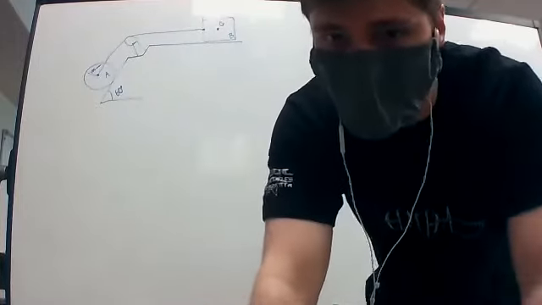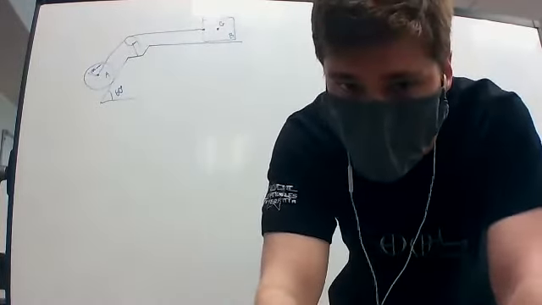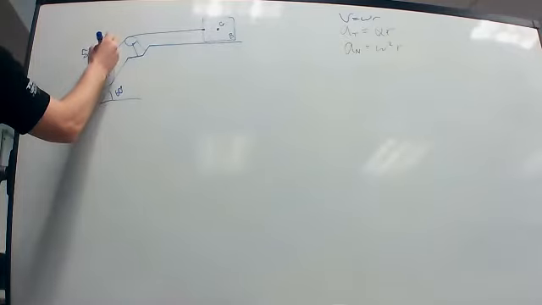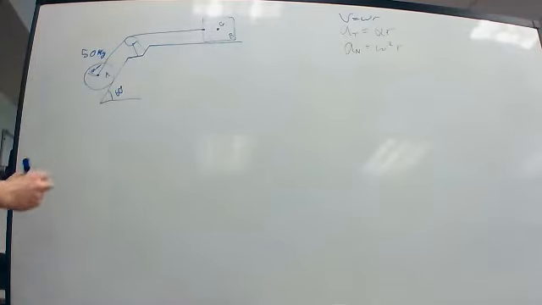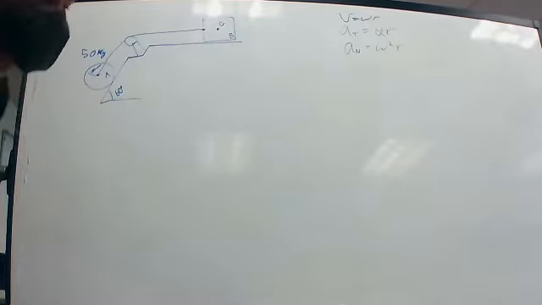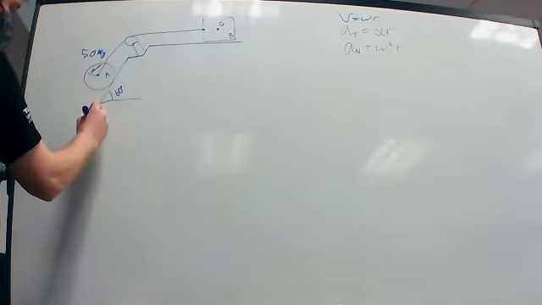So it says the cylinder A has a mass of 50 kilograms, and a radius of gyration with respect to its center of mass of 70 millimeters.